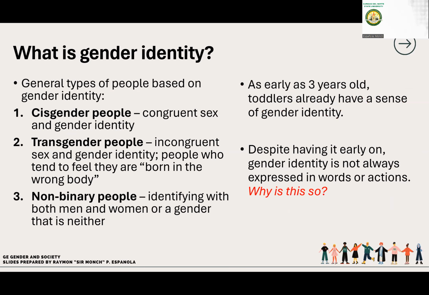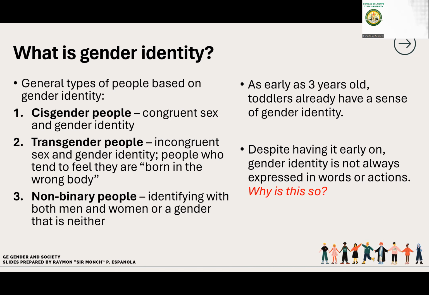Now, there can be many types of people based on gender identity. There are what we call cisgender individuals, cisgender men and cisgender women. Most people have congruent sex and gender identity. So they're born with a penis and they understand that they are men.